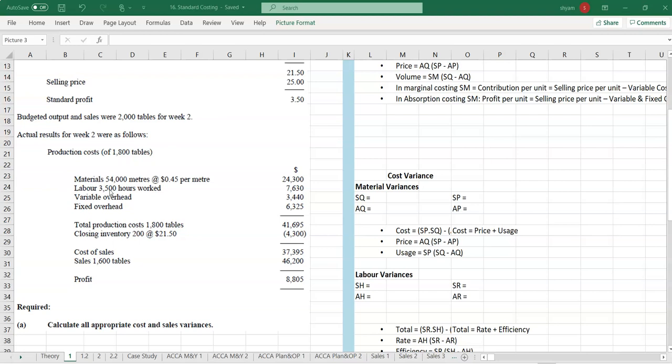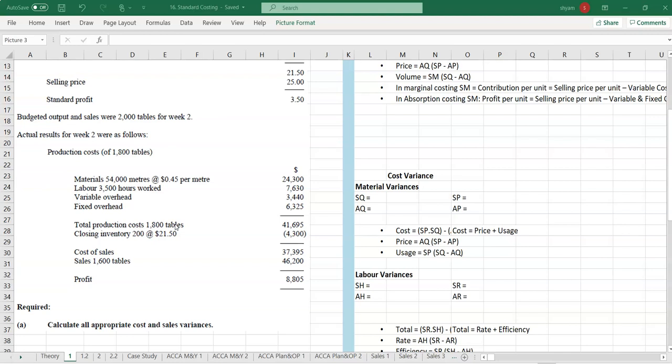Materials is 54,000 meters at 0.45. Labor is 3,500 hours worked, and the variable overhead they have given as a whole number, and the fixed overhead also, and total production cost for 1800 tables is this number. So this is what they have totally produced.